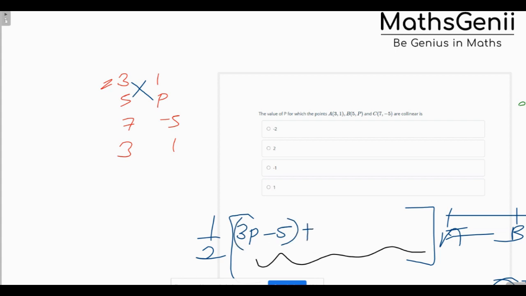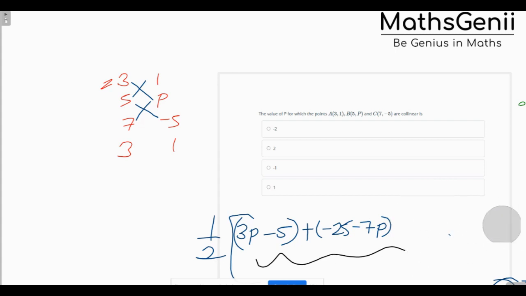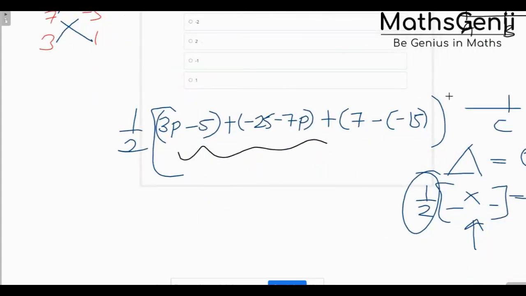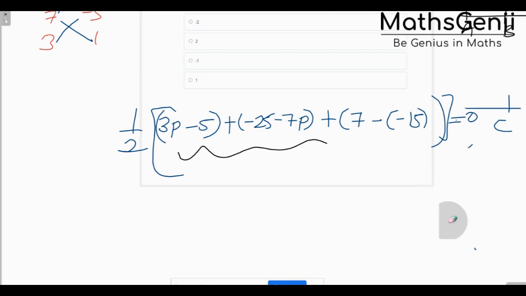First bracket over, plus second bracket 5 into 5 minus 25. 7 into p, always minus sign in between, minus 7p. Then plus sign, then this 7 into 1, 7, always minus sign in between. 3 into minus 5 minus 5 is equal to 0.